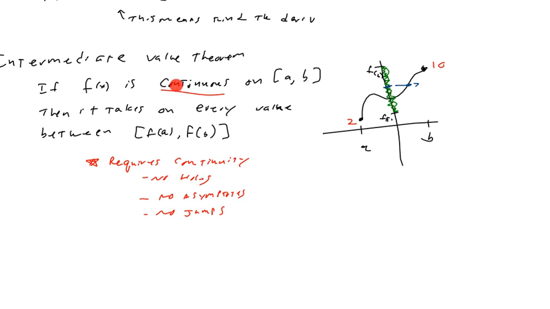As long as my function is continuous, it takes on every value between 2 and 10. Can I be sure f of x equals 11 somewhere? We cannot say for sure.